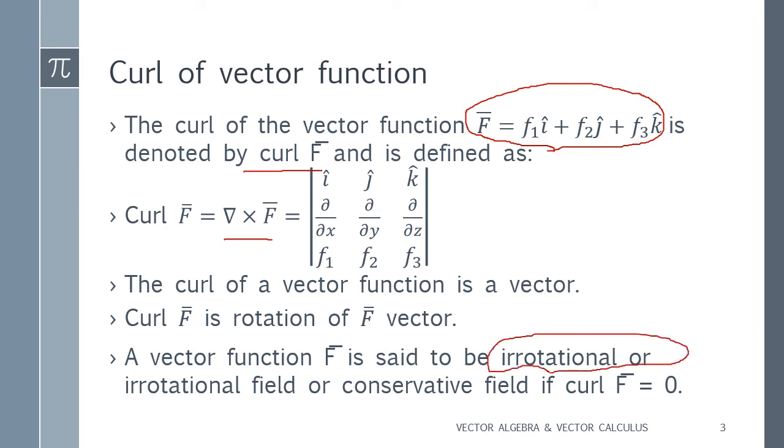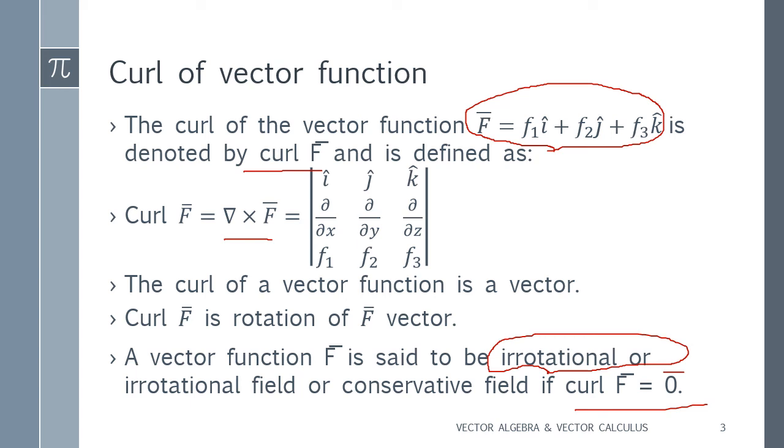As for divergence it was solenoidal, same as for the curl we can call it irrotational. So maybe in the question it will be asked like, prove that the given function is irrotational. Okay, to prove irrotational, it means you have to prove curl f equals 0. It's not a 0, it's a 0 vector.